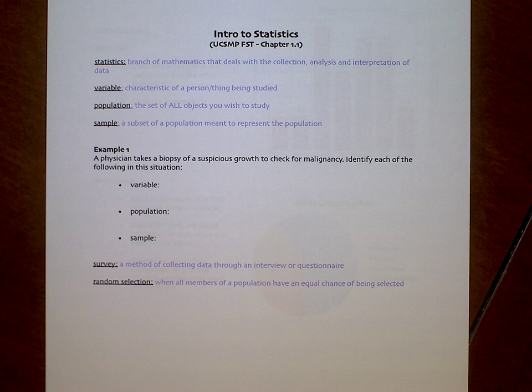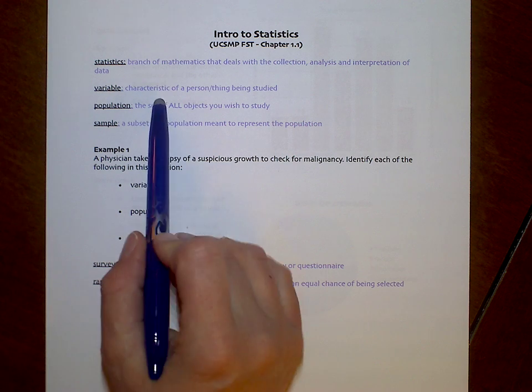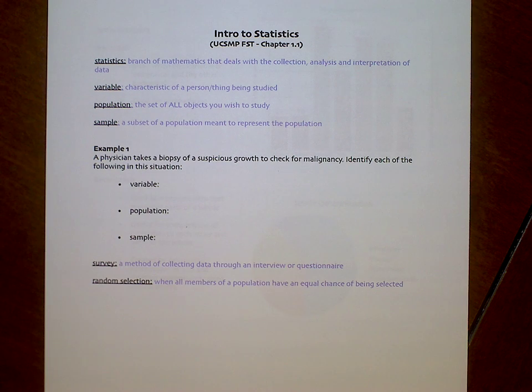Okay. So some of the things that we have to be concerned about as we're starting to do this process of collecting, analyzing, and interpreting, we need to think of what our variable is. And you're familiar with the concept of variable in algebra. In statistics, the variable is referring to whatever the thing is that you're studying. Okay, so the characteristic of the person or thing being studied.